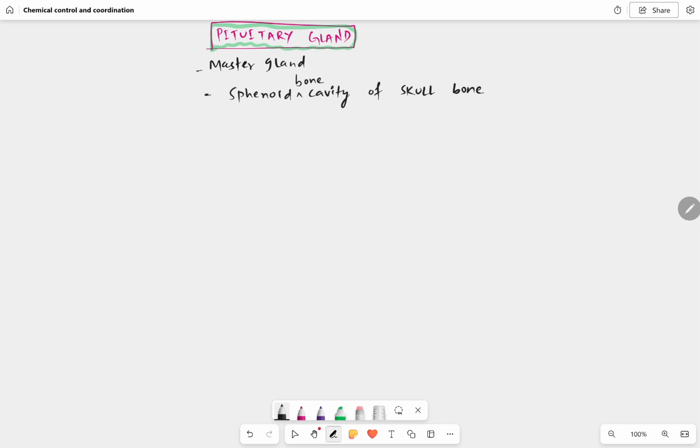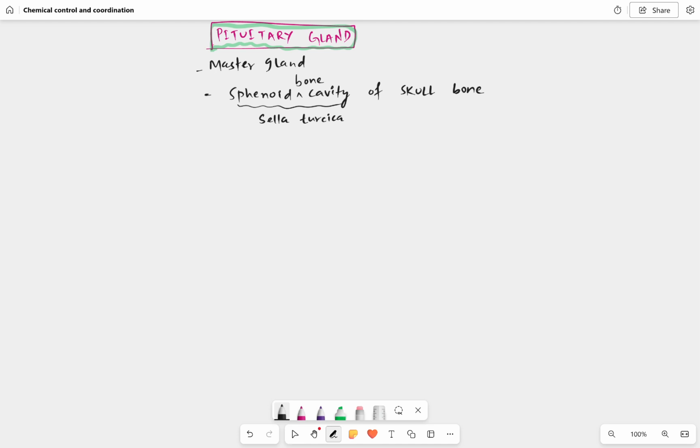This cavity is given another name, the sella turcica. So in the sella turcica cavity this pituitary gland is located.